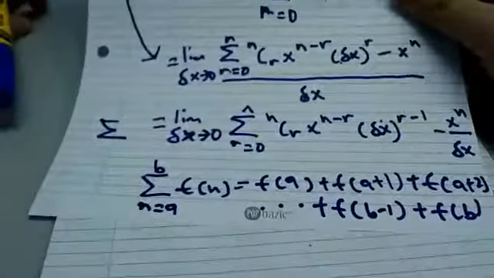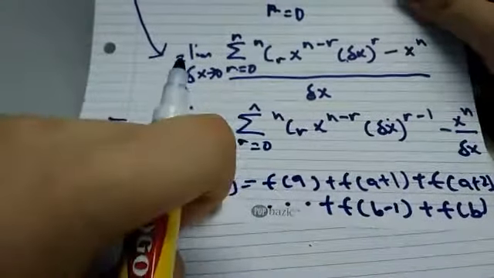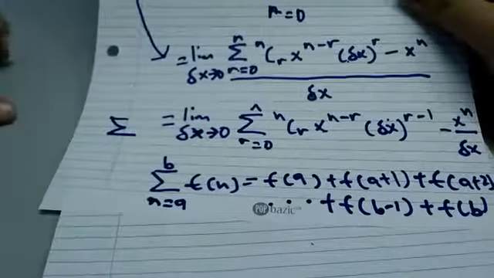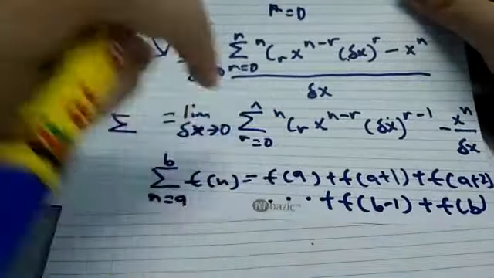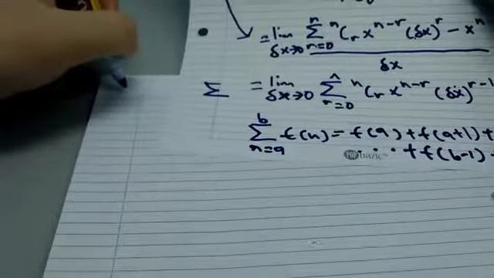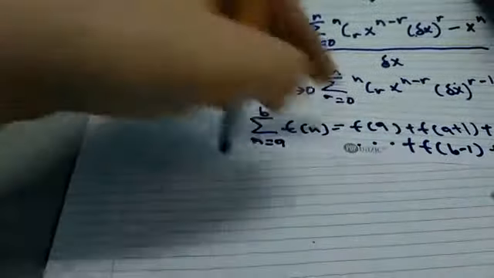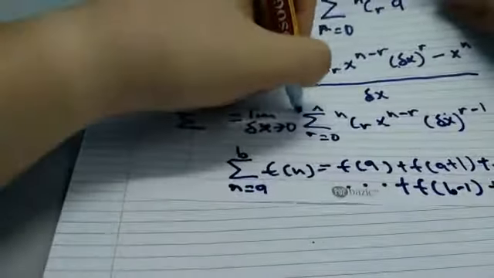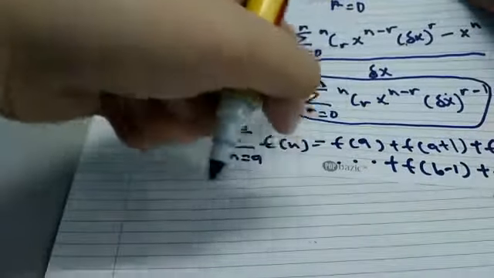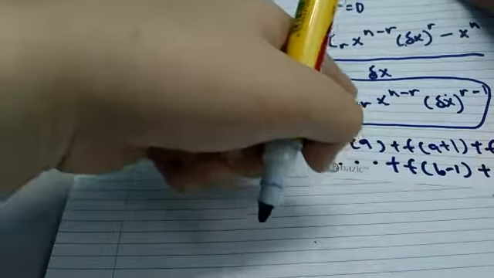Now remember the definition of this summation notation: the sum of f of n from n equals a to b is equal to f of n. So I will take it out. I will exclude the first term. This thing, this is n. Now the first term, r is equal to 0.